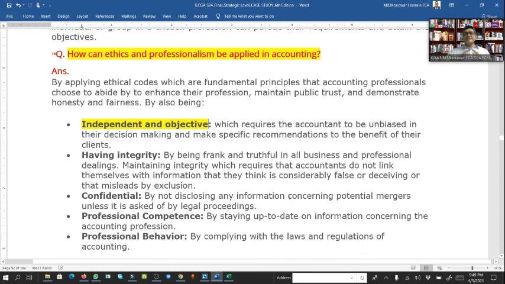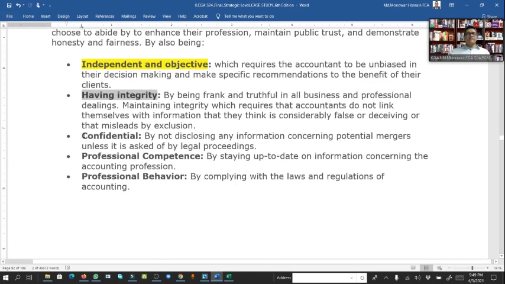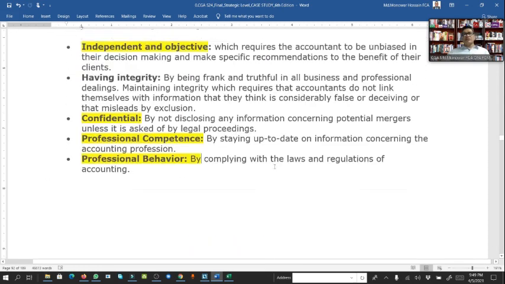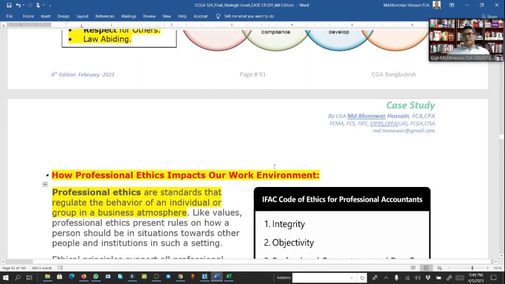This requires accountants, as we are accountants, to be unbiased in decision making and to have integrity. We need integrity and confidentiality, professional competence, and professional behavior is expected from you. That is all for today from our case study.